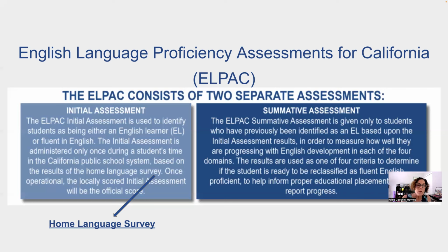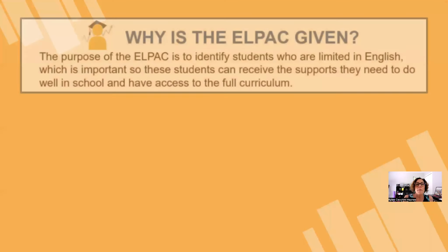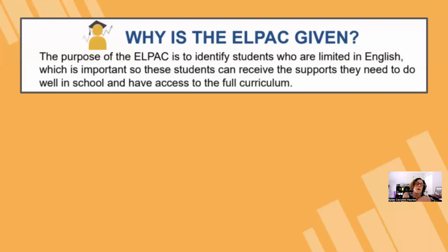So the summative assessment, back to this, is given every spring to a student until they exit. And we hope that they do, that they're RFEP'd. Okay. So why is it given? We kind of already covered this. It's to identify students who are limited in English.